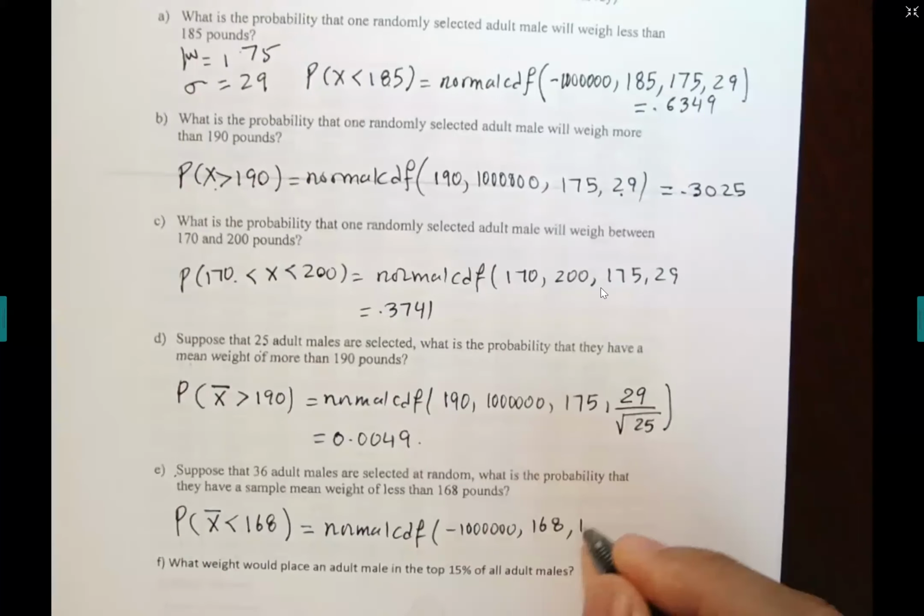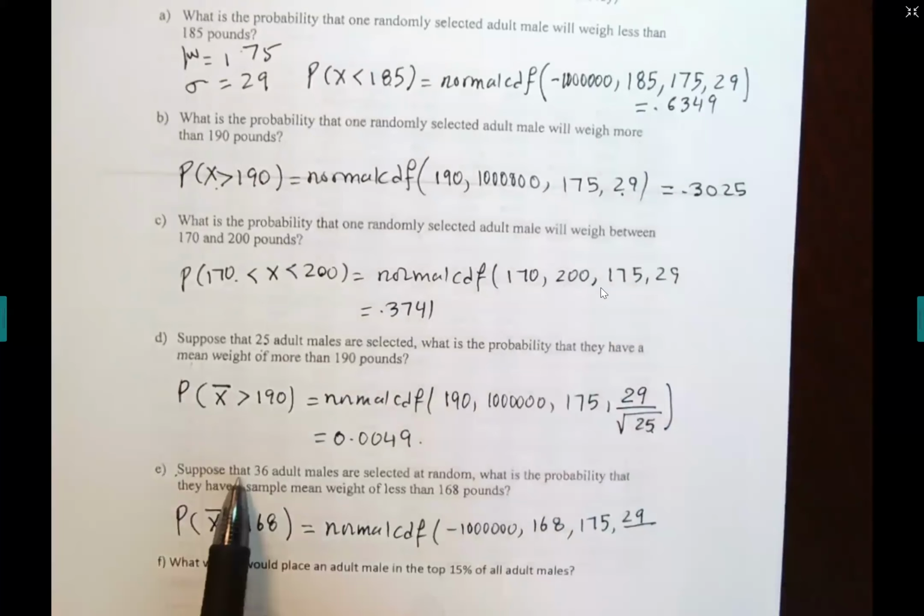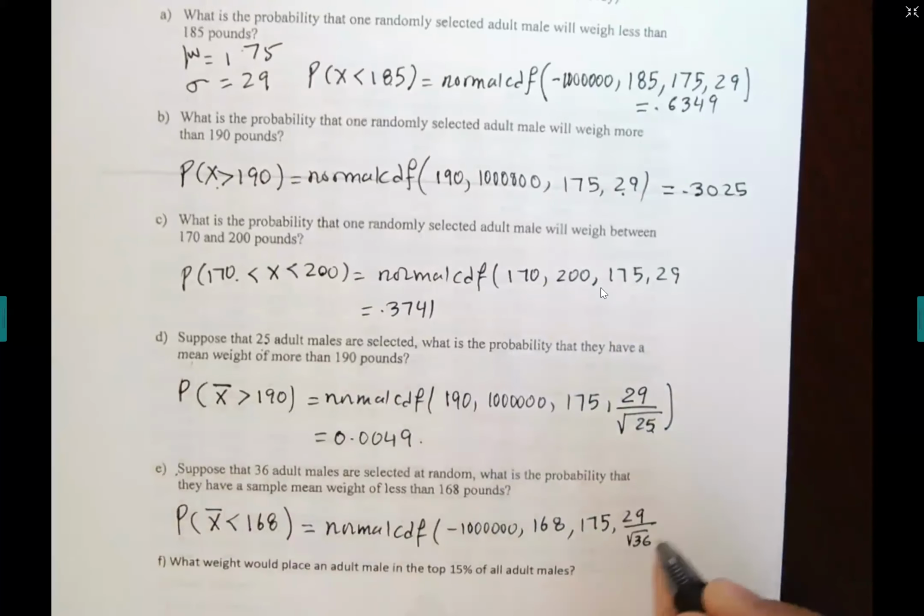And look at the standard deviation, guys, now. It is 29 divided not by the square root of 25 because my sample size is 36. And you can do the math.